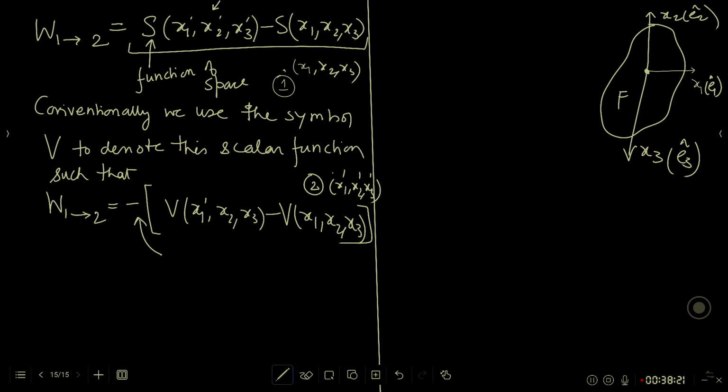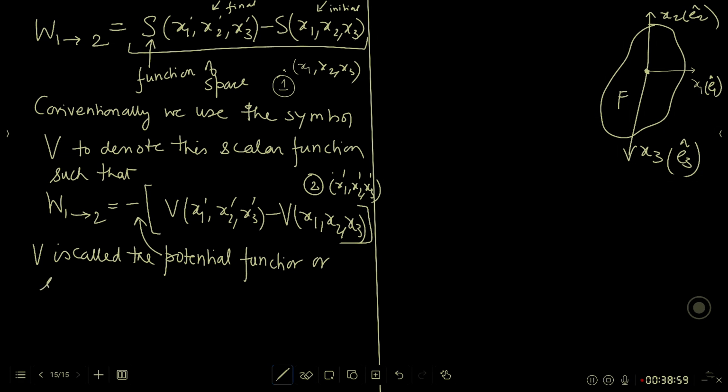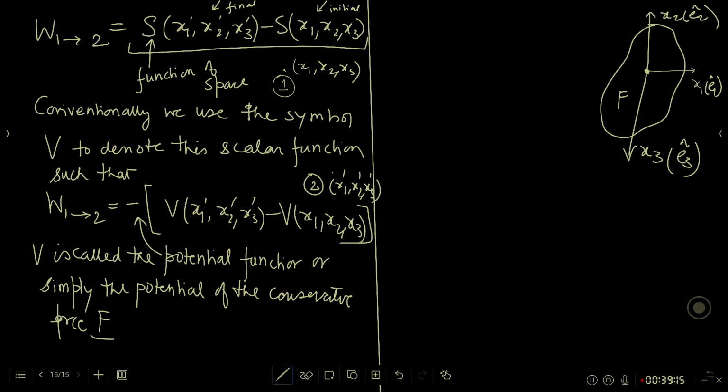This function V is called the potential function, or simply the potential, the potential of the conservative force F. Sometimes we also call V the potential energy associated with that conservative force F.